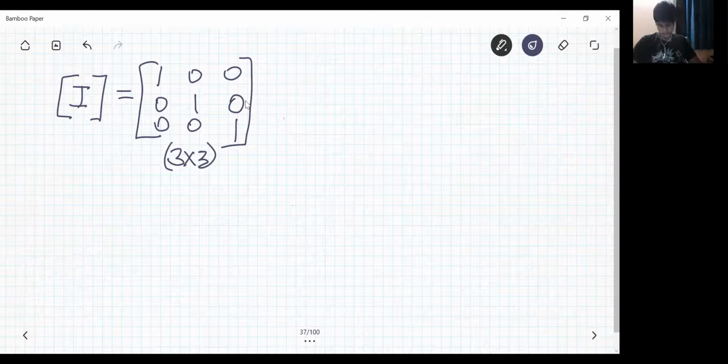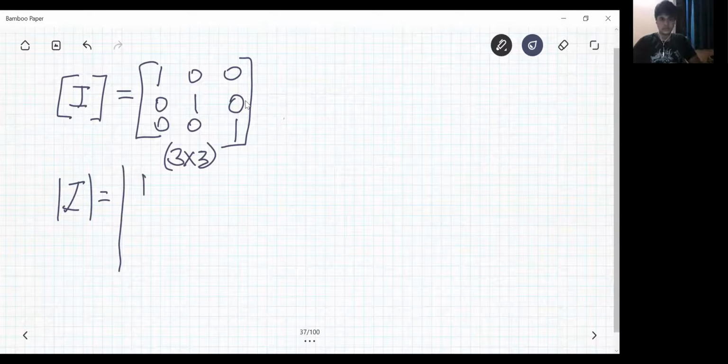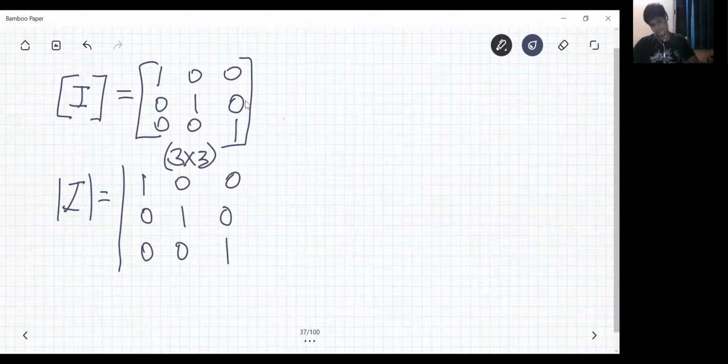Now I want you to find the determinant of this matrix I. That is just 2 vertical bars you will write. How do you find out this value?